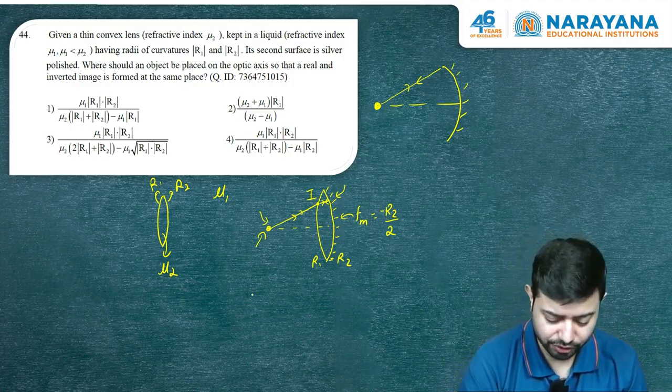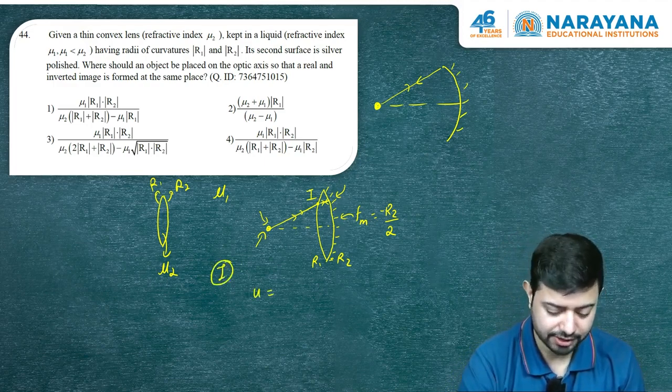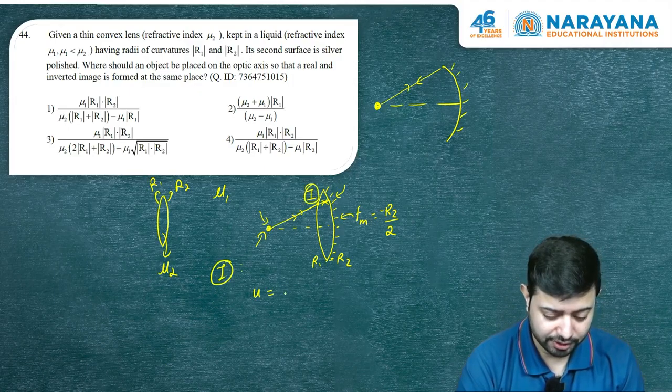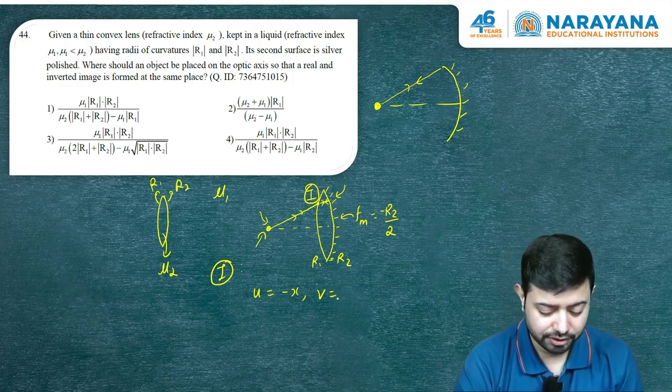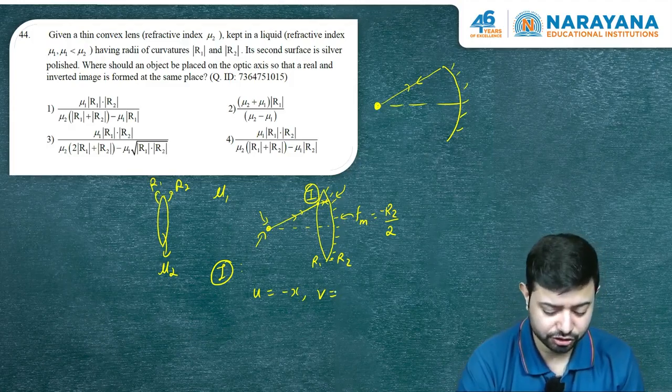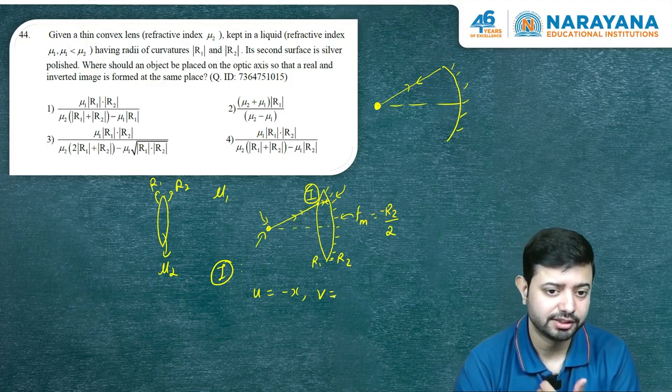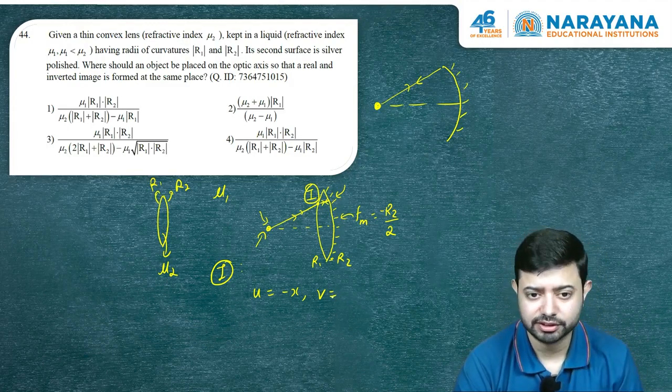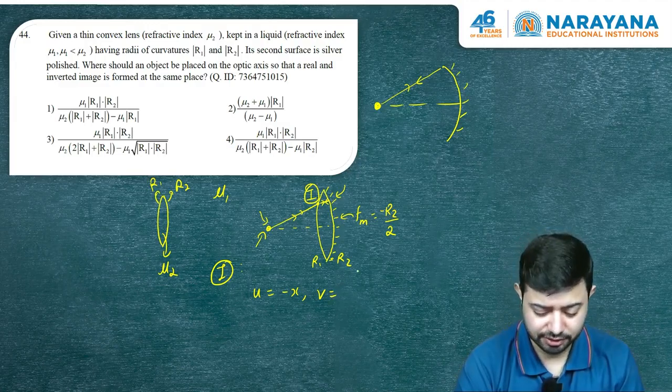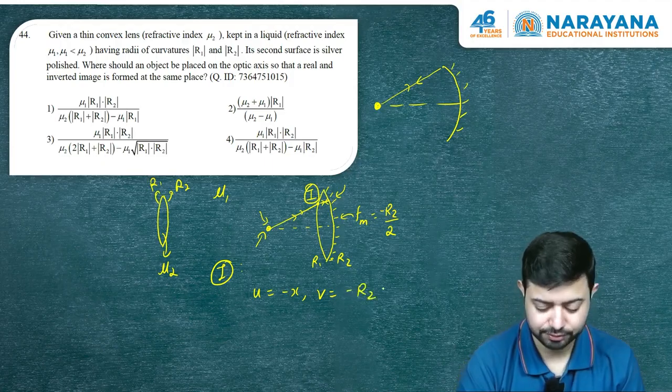So what is my u here for the first refraction at this first surface? u is going to be, let us say, minus x, and where should v be after refraction? It should be at a distance of the radius of curvature, correct, and that distance will become minus R2.